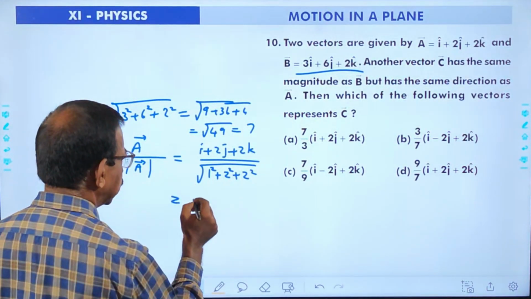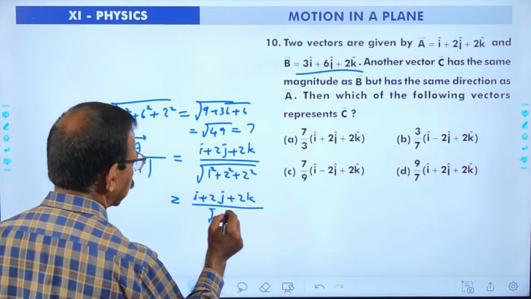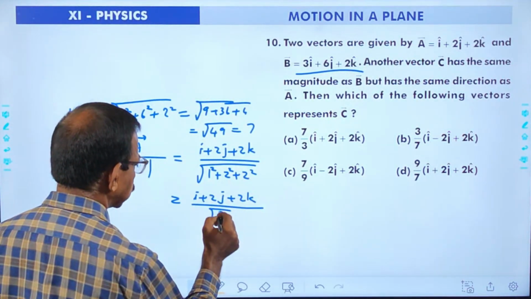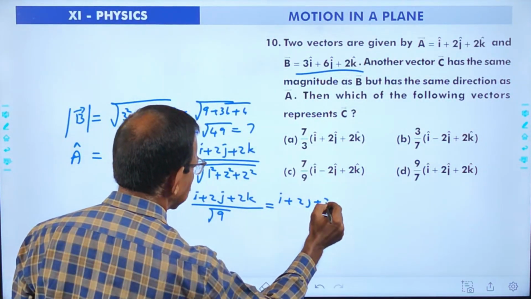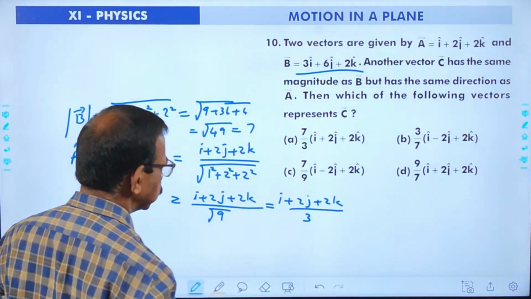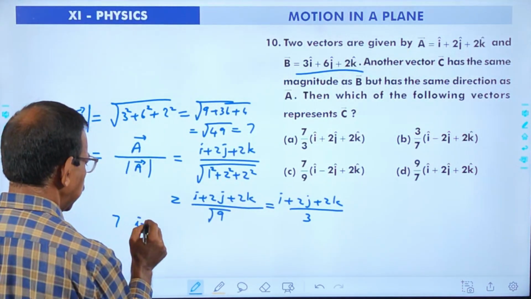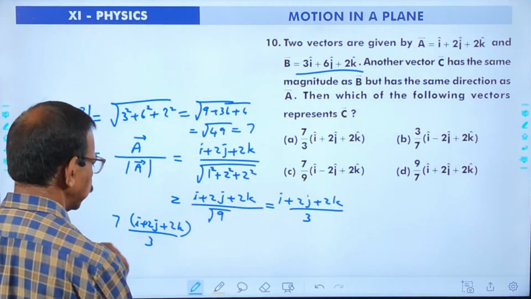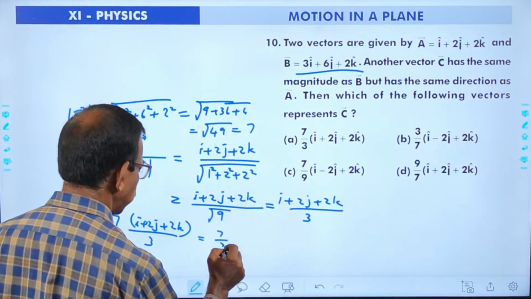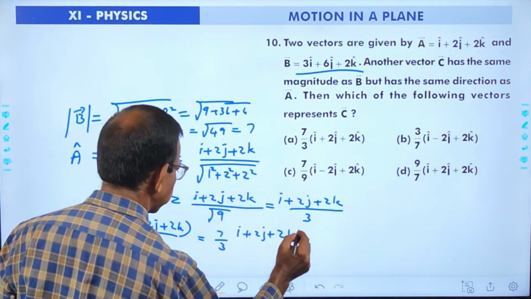And the direction is i plus 2j plus 2k divided by root of 4 plus 4, 8 plus 1, 9, that is 3. Hence, magnitude is 7, direction is i plus 2j plus 2k divided by 3, that is 7 by 3 into i plus 2j plus 2k.